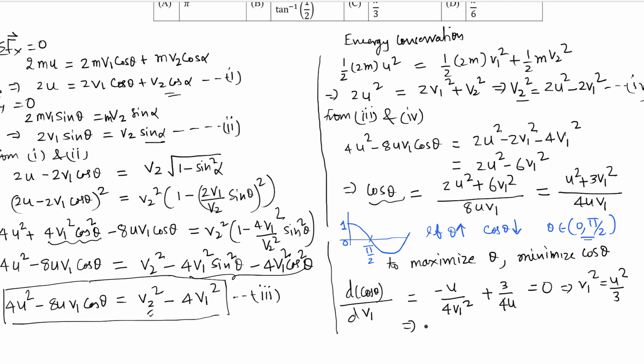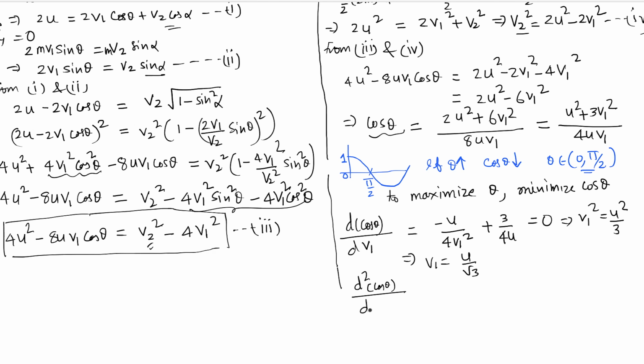That means v1 is u by root 3. Now, if we again differentiate, we'll get u by 2v1 cube. And this is always positive because both u and v1 are positive.